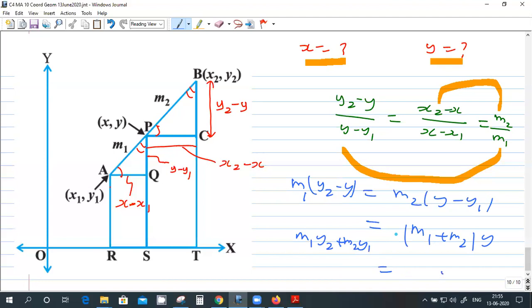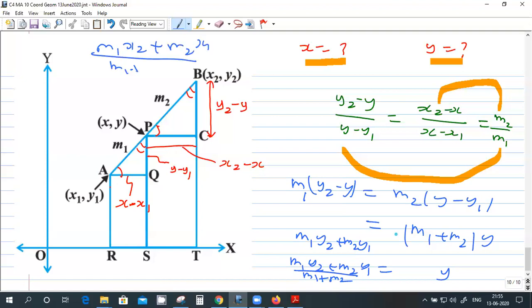From this I'll get y as m1 y2 plus m2 y1 divided by m1 plus m2. From this I can straight away write x equal to m1 x2 plus m2 x1 divided by m1 plus m2, because I'm just having x instead of y here.